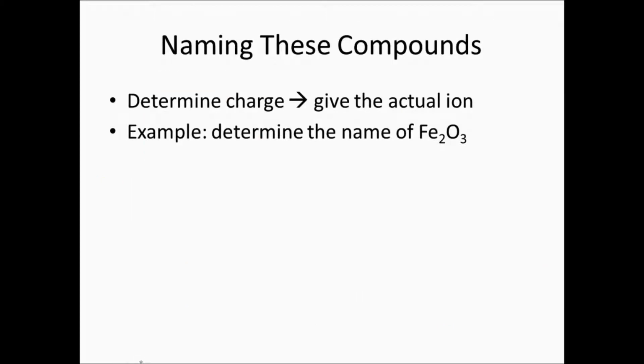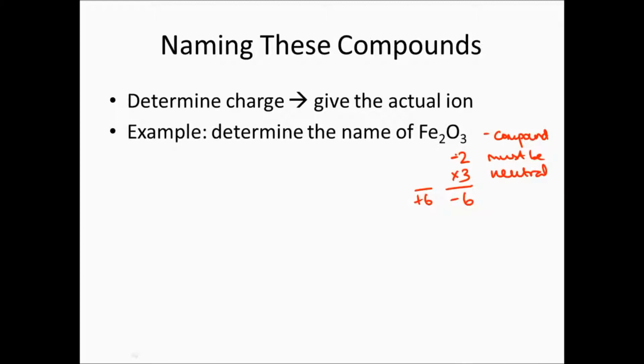So how do I name these? The first thing I have to do is actually figure out the charge on these. So for example, here, my oxide ion, I know it's -2, and I have 3 of those, so I have a total of -6 charge. So I need a +6 charge to balance out this -6 charge so that the compound is neutral.